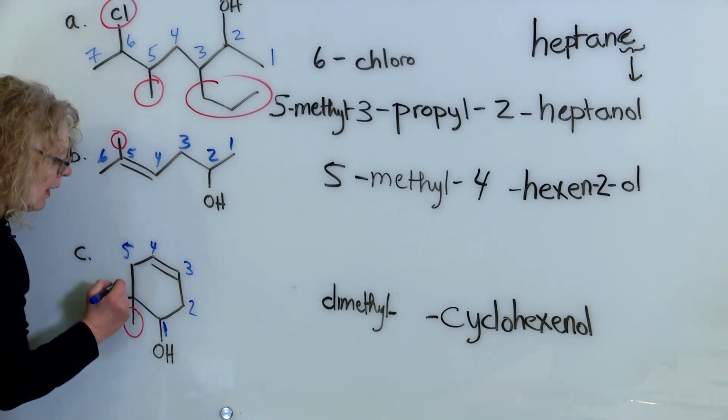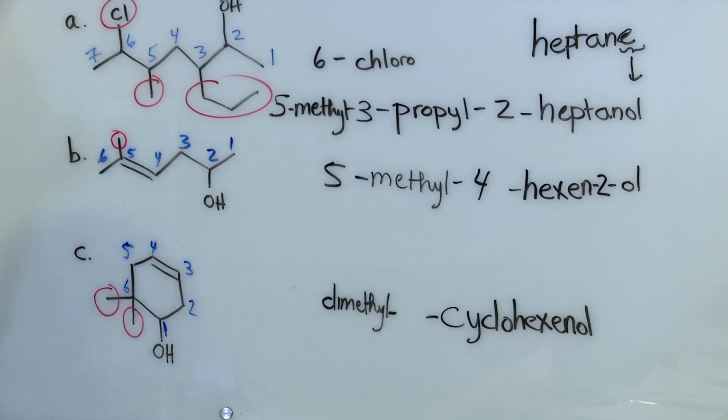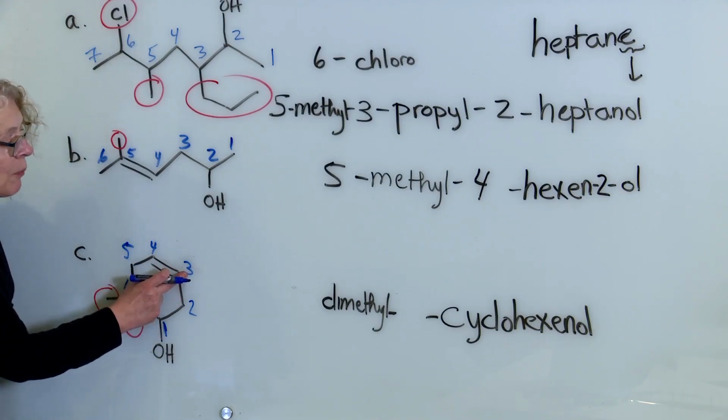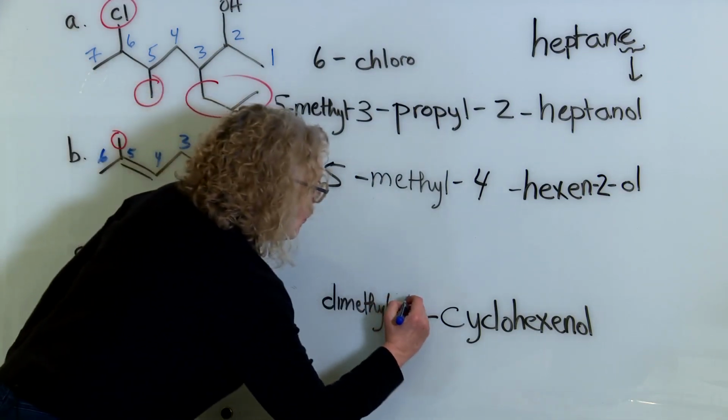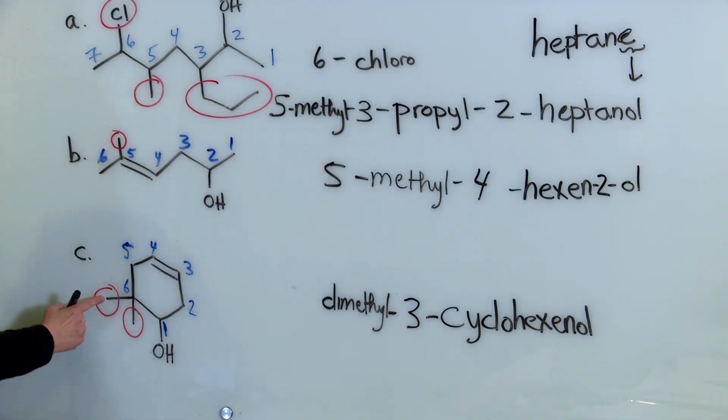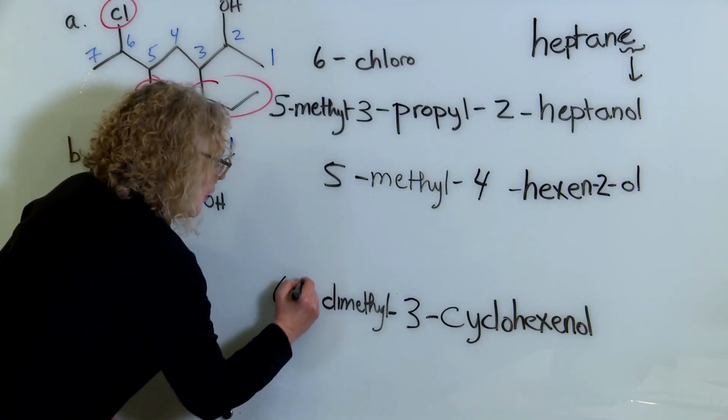And finally, the alkyl groups have the lowest priority, so we worry about their numbering last. So this is a cyclohexenol. The double bond is at position 3, and the dimethyls are at position 6,6.